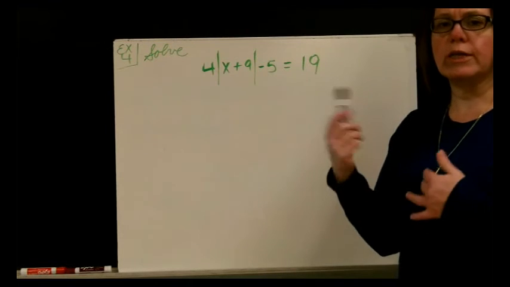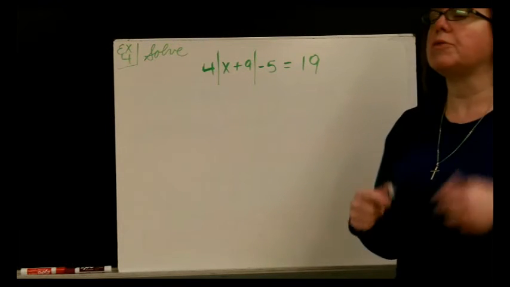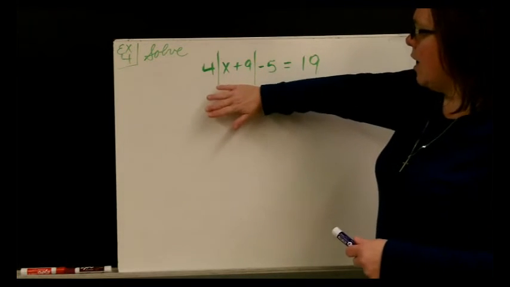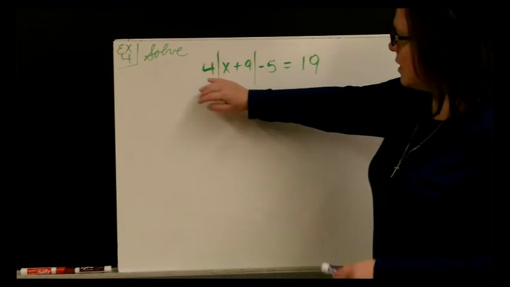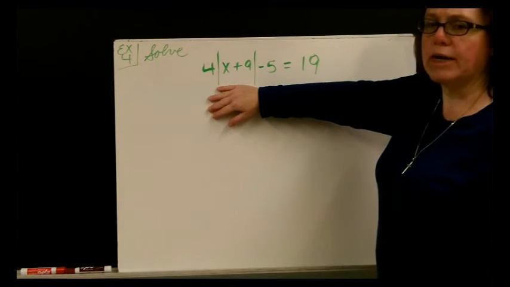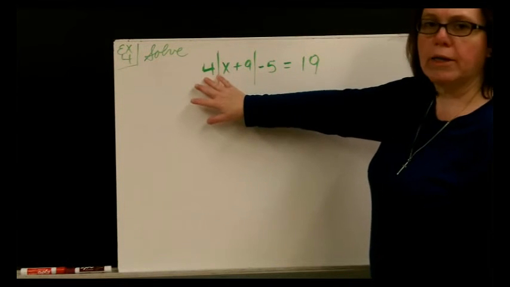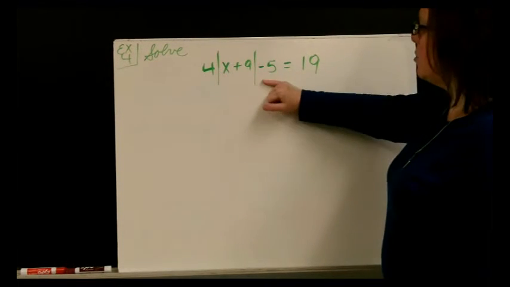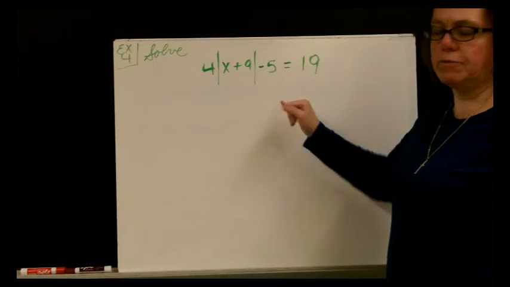We are going to look at this in the same way that we have been with equations. You can see that the absolute value of x plus 9 is being multiplied by the coefficient 4, and it also has a negative 5 with it.